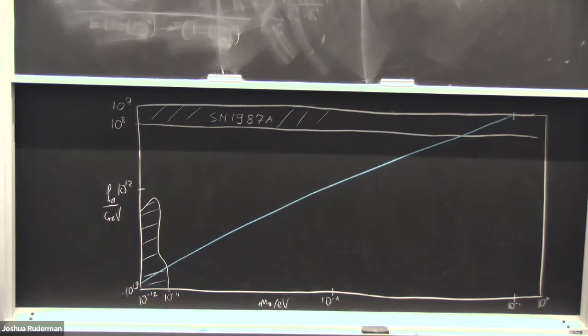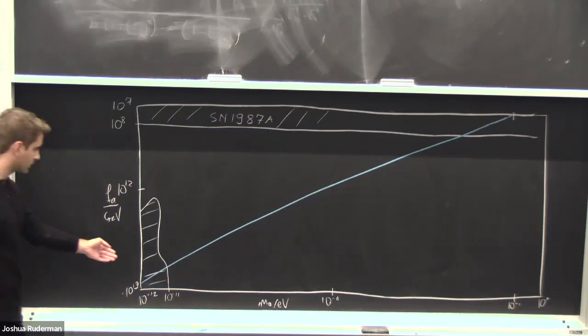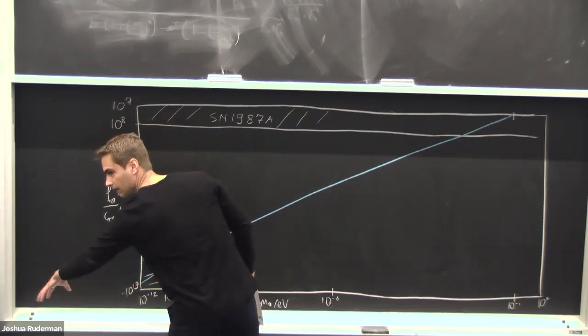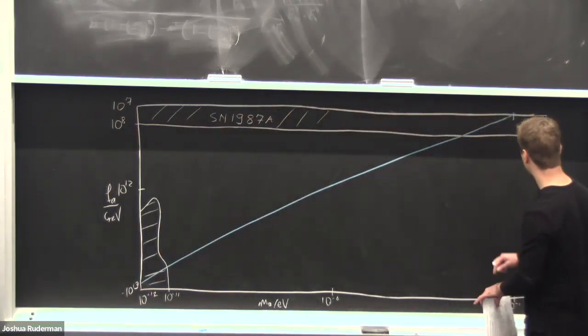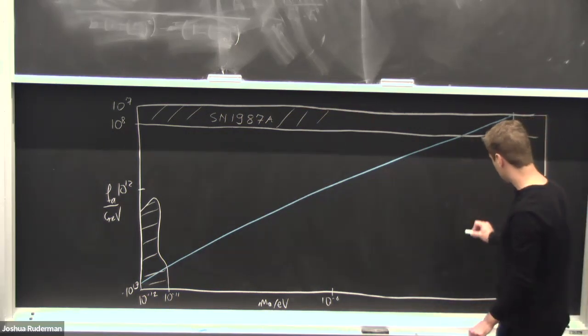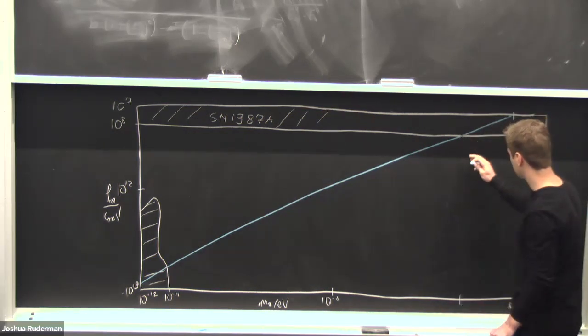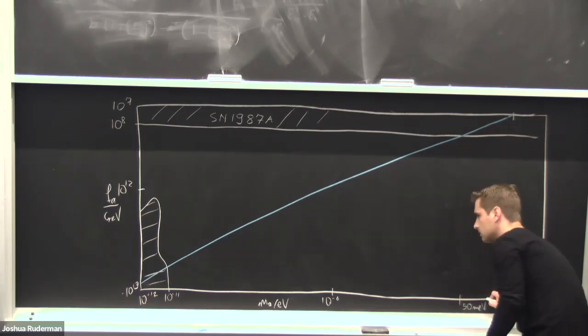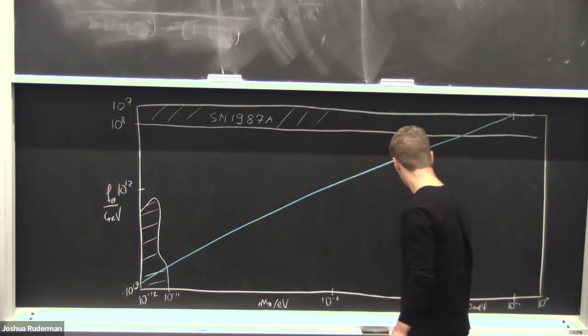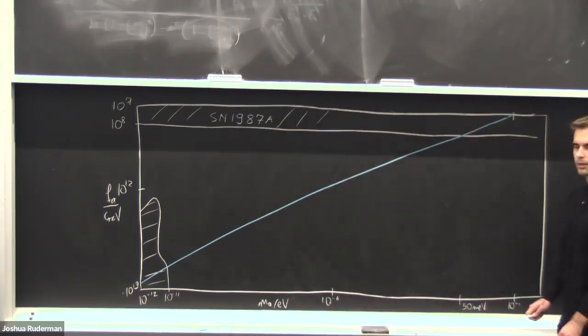I think there are models like that, but it's not quite minimal. So we have some theoretical bias to not be over here. So we live somewhere on this line, and the limit here, I think, is 50 milli eV. So it's somewhere between 10 to the minus 11 eV and 5 times 10 to the minus 2 eV.